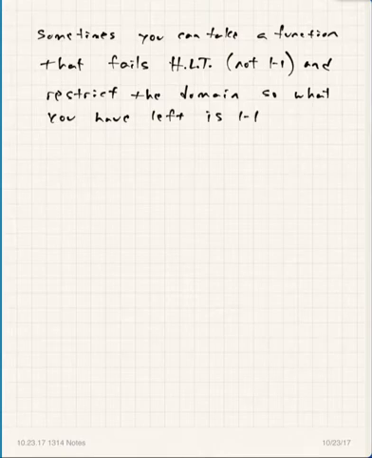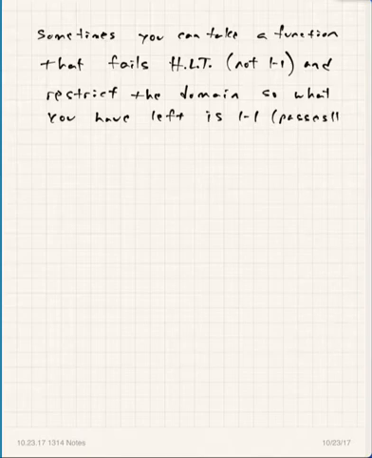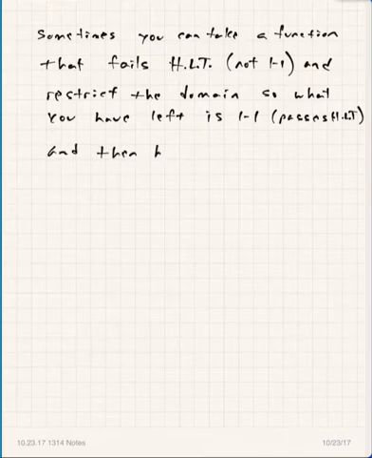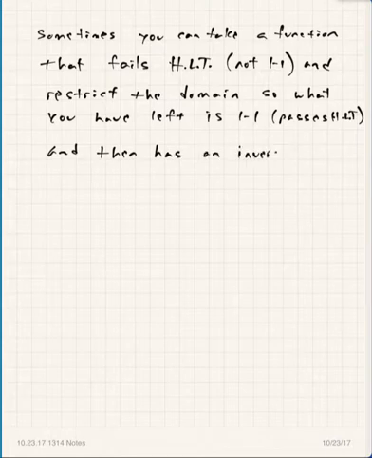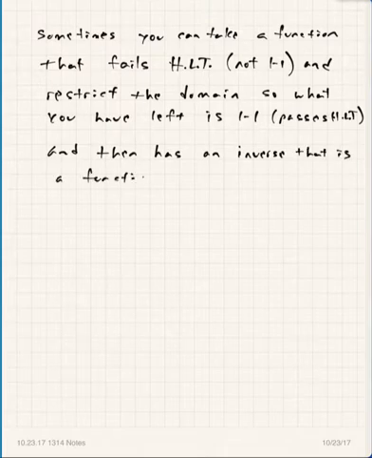In other words, it passes the horizontal line test. And then it has an inverse that's a function. Now I know that sounds complicated, but look at the square function.